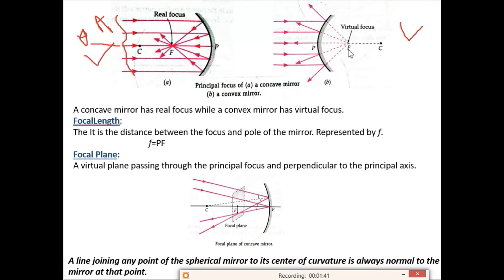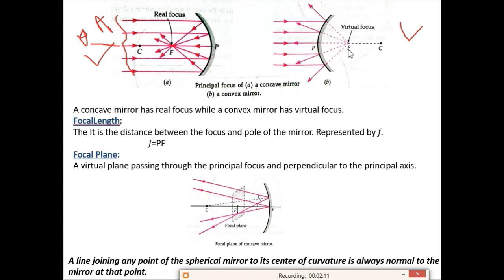In the case of a concave mirror, the beam of light converges at some point, which is called the principal focus. For a convex mirror, the beam of light passing parallel to the principal axis appears to diverge from some point, and that point is called the principal focus for a convex mirror.